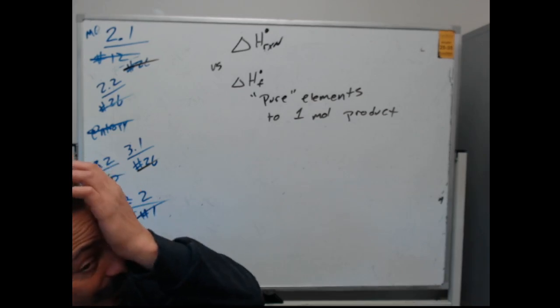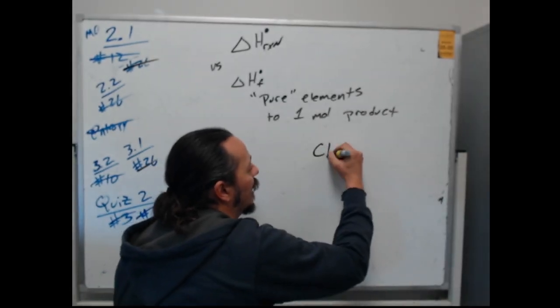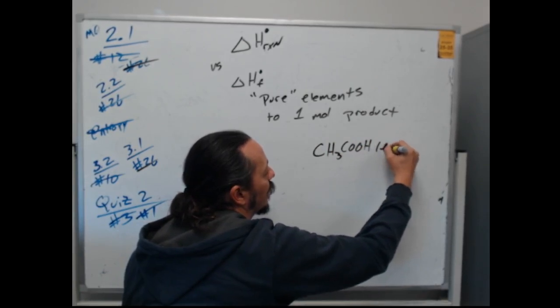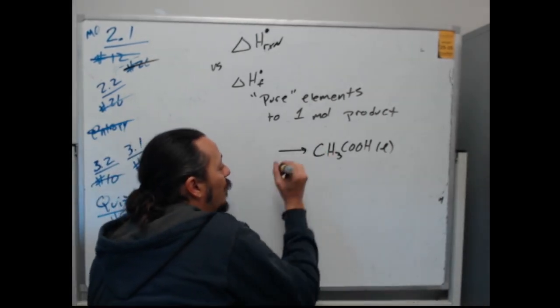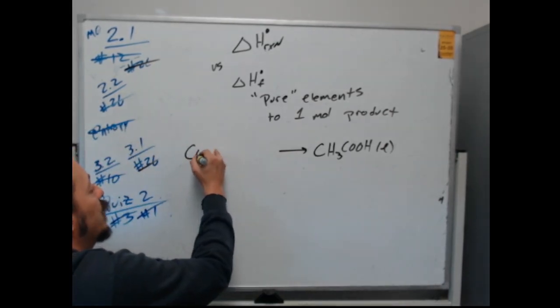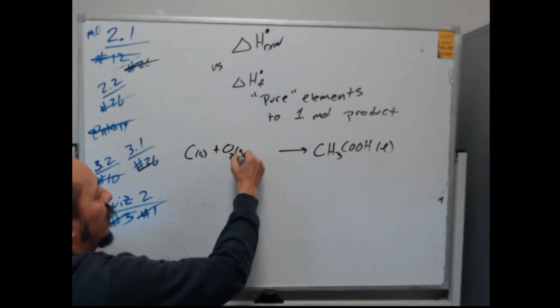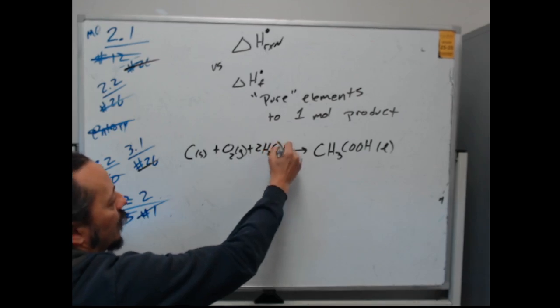So if we wanted to look at the delta H information, I'm going to pick a weird one. Let's say this was in an earlier problem. We want the delta H information for acetic acid. From a chemical standpoint, I'd probably put some methyl group together with some other things. But from a delta H formation standpoint, I'm going to have carbon solid plus O2 gas plus 2 H2 gas.